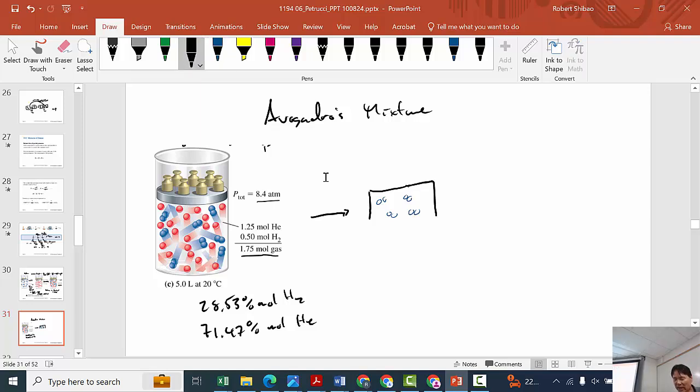So the mole percent or the mole fraction is equal to the volume percent or the volume fraction. And so I have 5.0 liters, and I want to know the volume of hydrogen. The volume of hydrogen is going to equal the volume fraction of hydrogen.